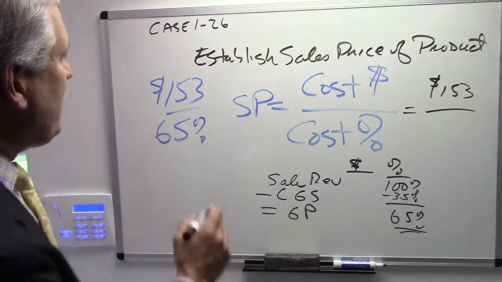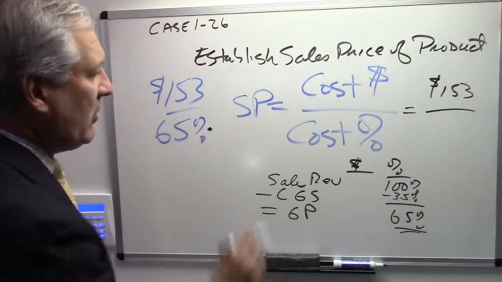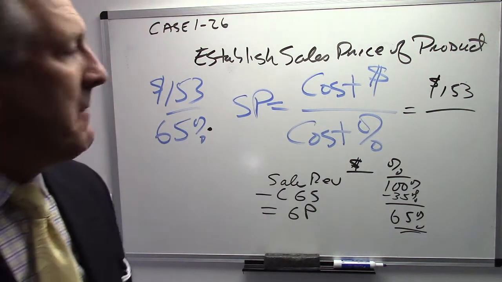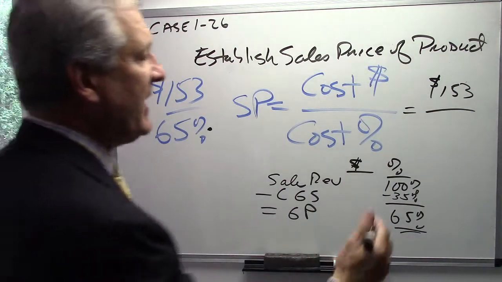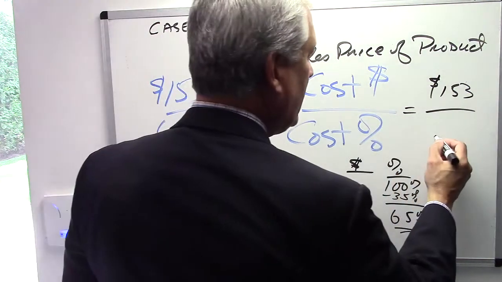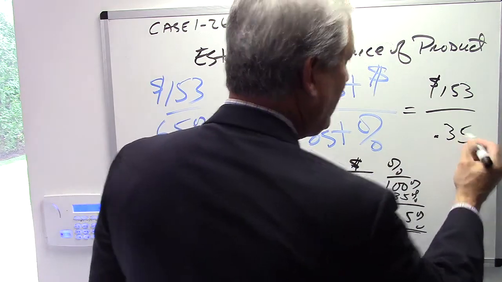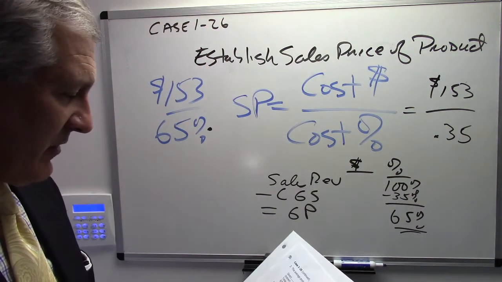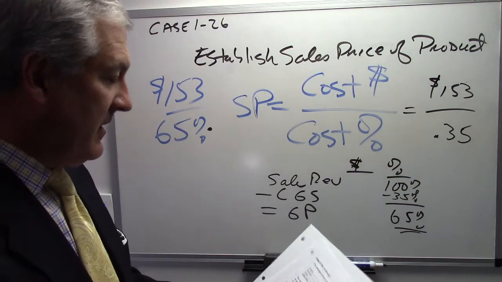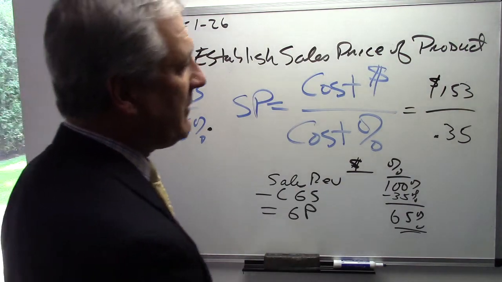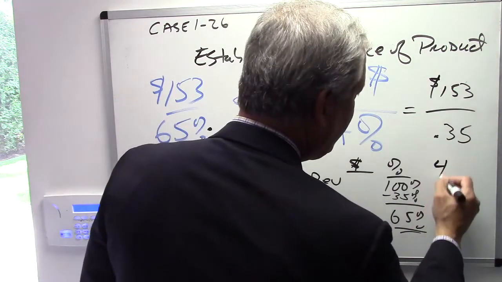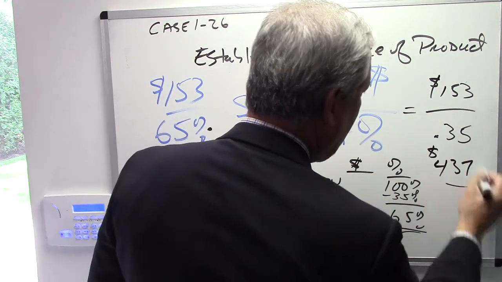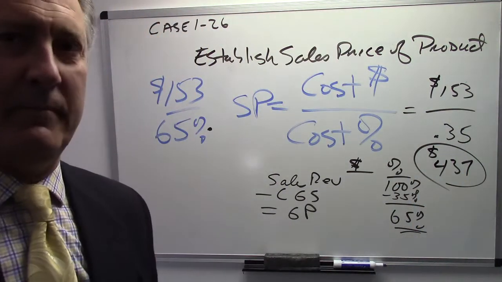So if my desired gross profit percentage is 65%, my cost percentage is therefore 35%. I'm going to divide by 0.35. Sales price of our product, $153 divided by 0.35 is $437. That's the price that they should sell it for.